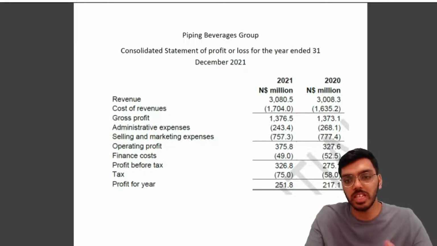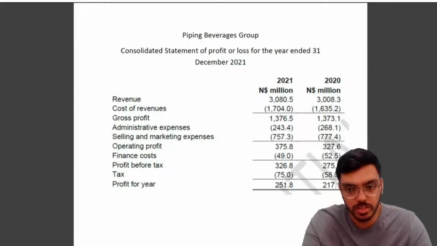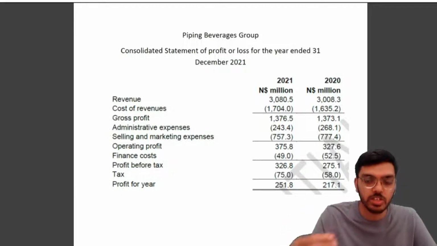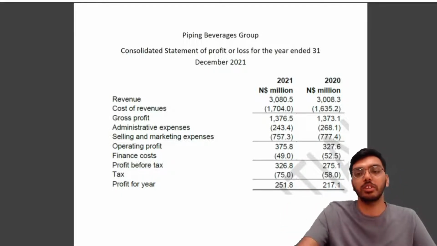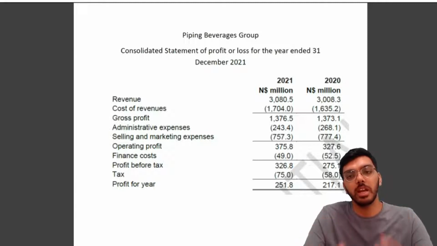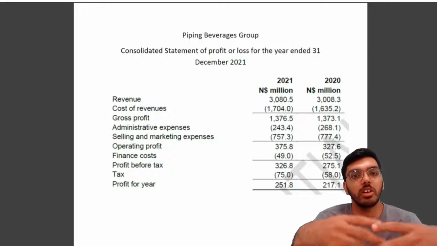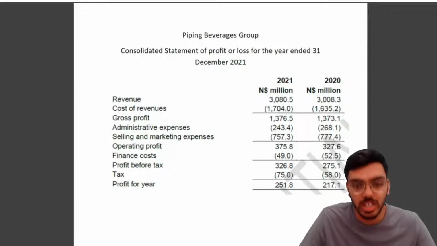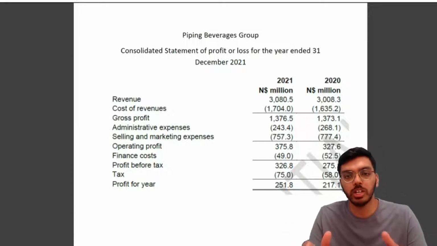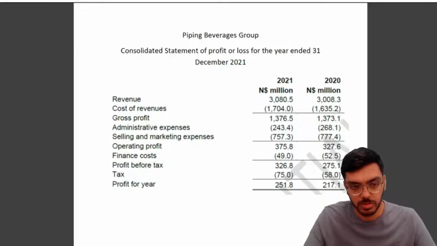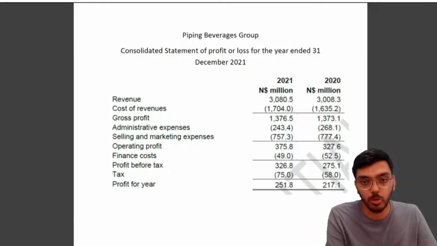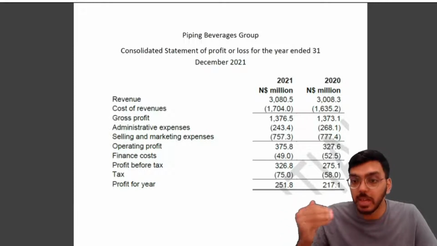So we'll discuss the absolute numbers first, and then I will showcase to you our calculations, our percentage calculations, ratio calculations on the next page to make your study and your focus on the key areas a little bit easier. So let's look at the absolute numbers first. Looking at revenue, the first and foremost, the figures are in millions.